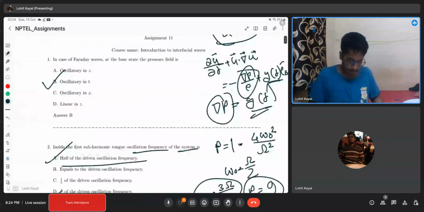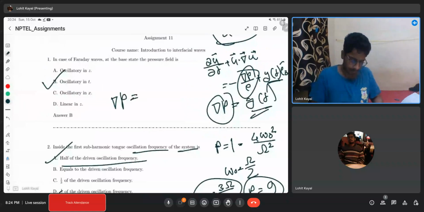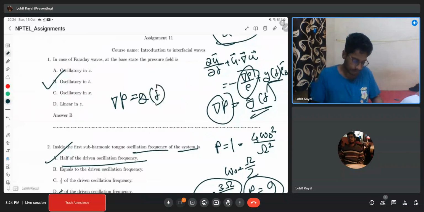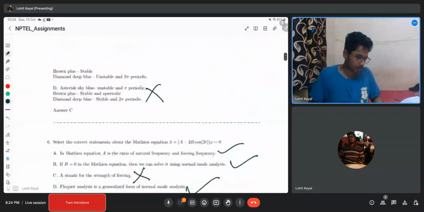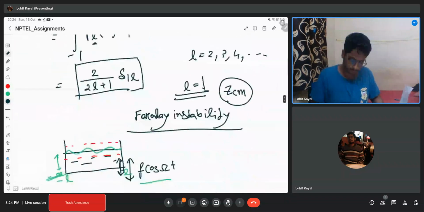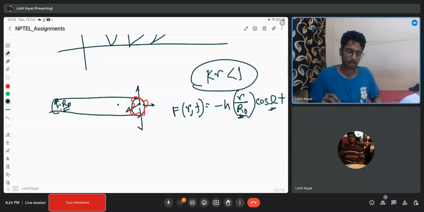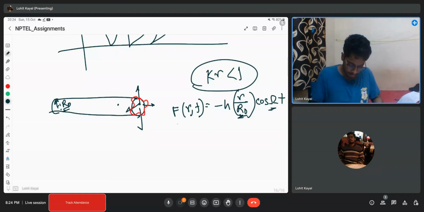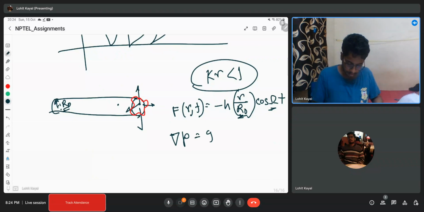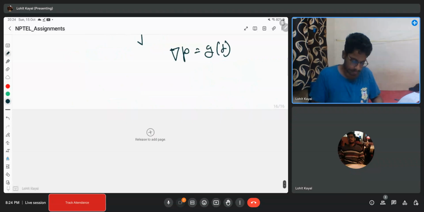So you have the expression grad p equal to g. Let me work with that. It is g r minus g e z. So grad p is equal to g.